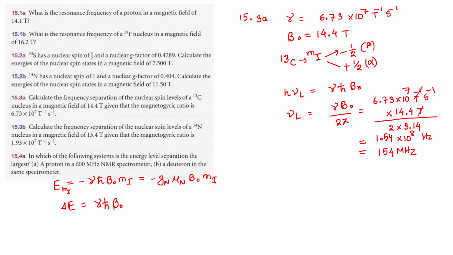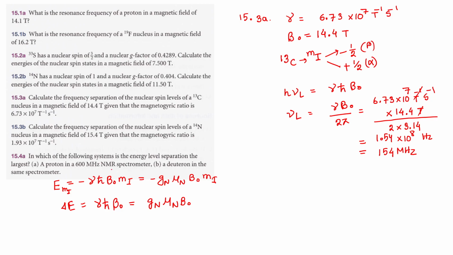Now question number 15.4a: in which of the following systems is the energy separation largest? A proton in a 600 megahertz NMR spectrometer, or a deuterium in the same spectrometer? So again the energy gap is given by this, or let's say this, right?